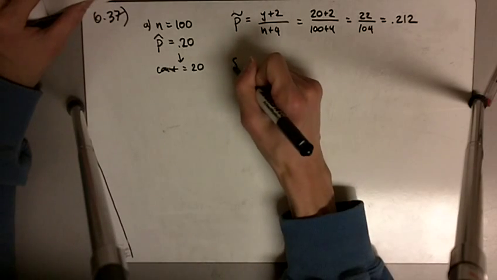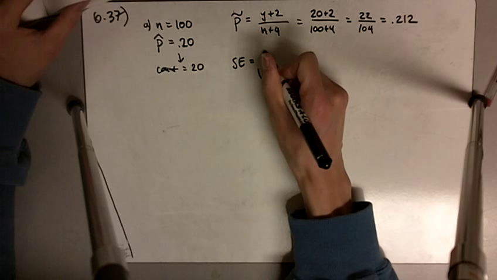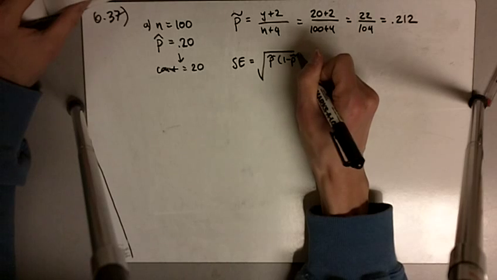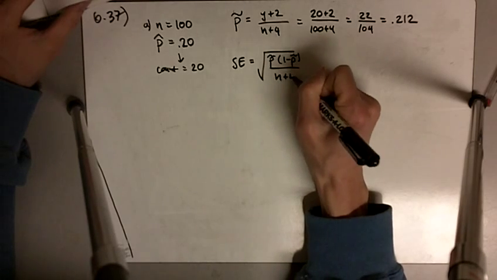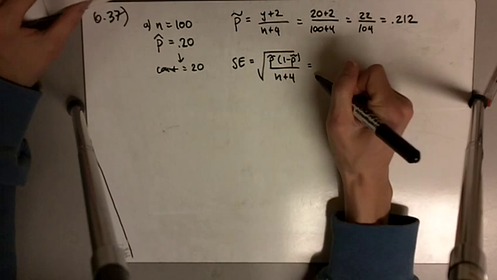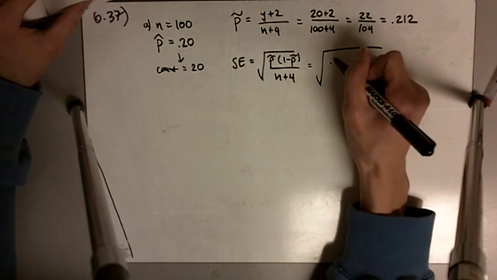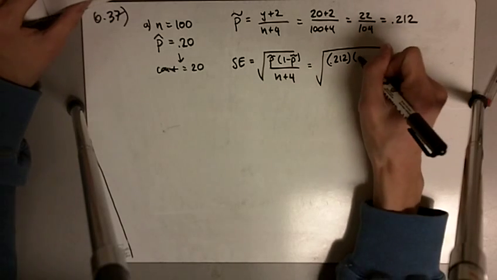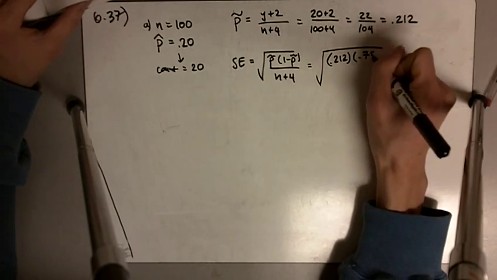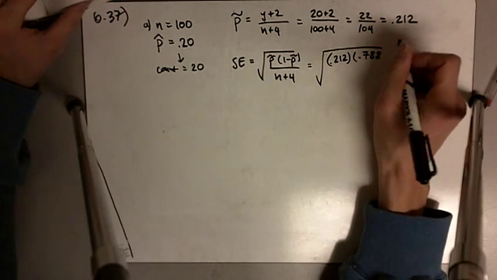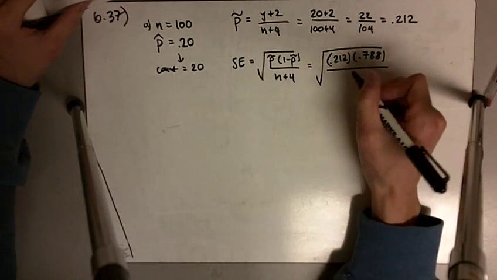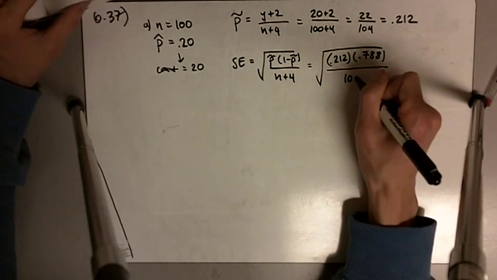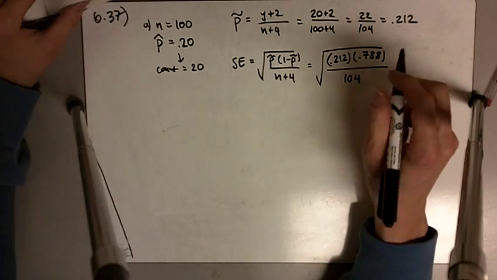And our standard error is now given by this formula, the square root of p squiggle times 1 minus p squiggle over n plus 4. So in this case, we've got the square root of 0.212 times 1 minus 0.212, which is 0.788, I believe, divided by n, which is 100 plus 4, so divided by 104.